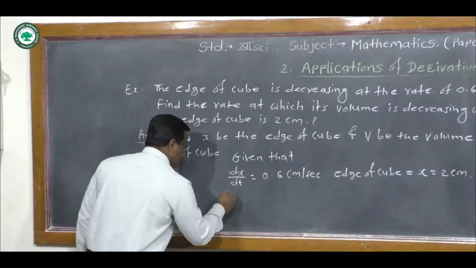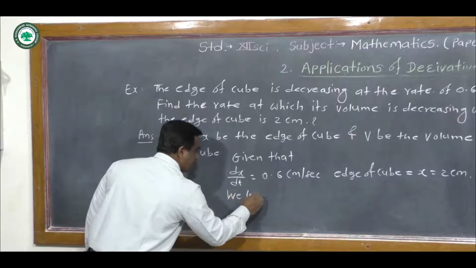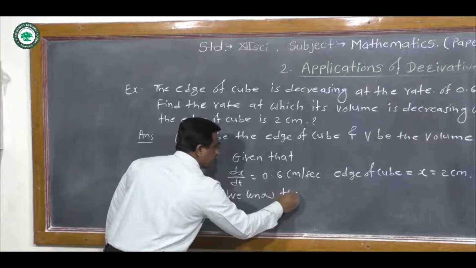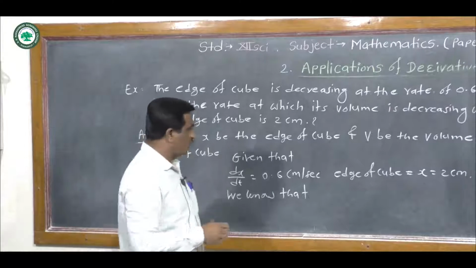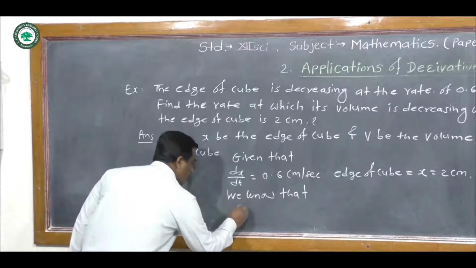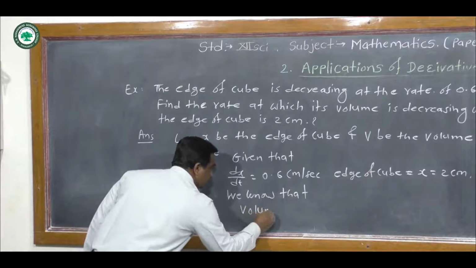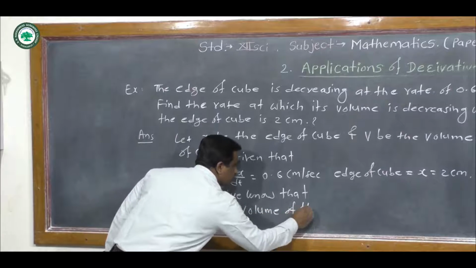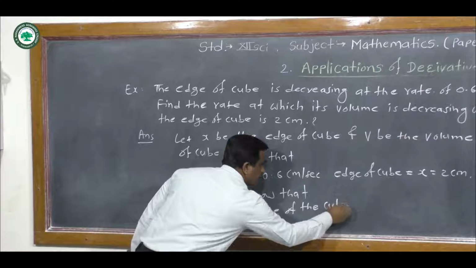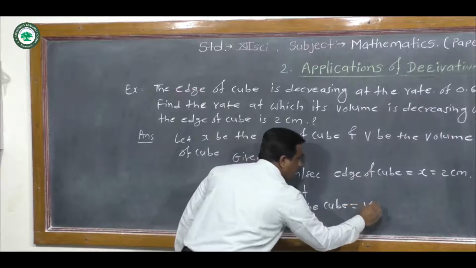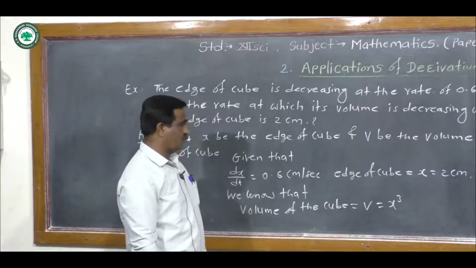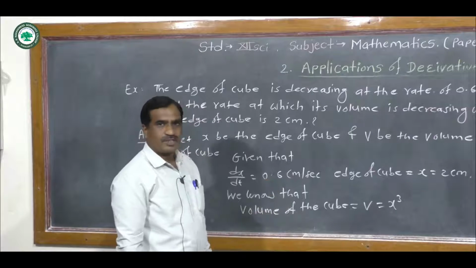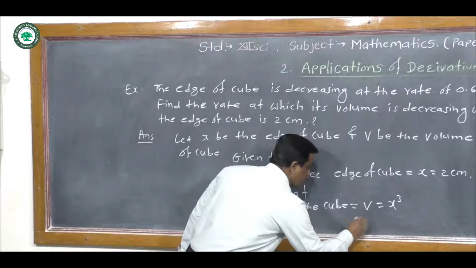Now we know the volume of the cube formula: V is equal to x cubed. Now differentiate this equation with respect to t.